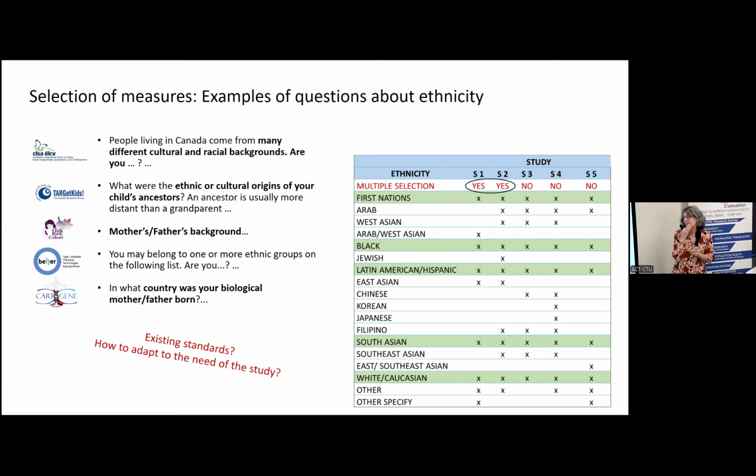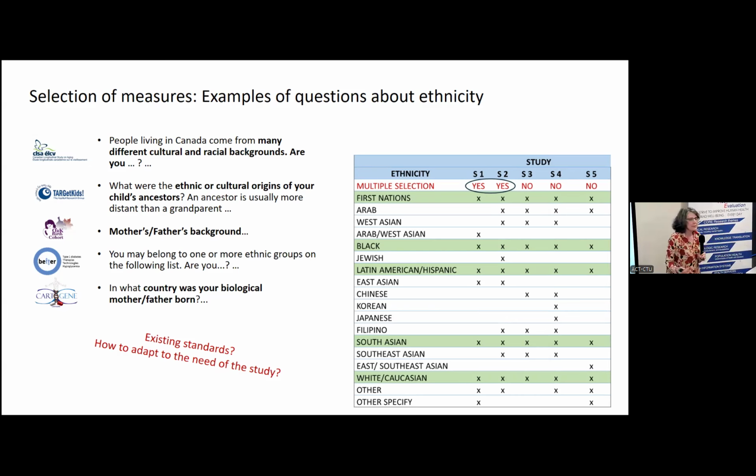So the standards. Here you have an example of ethnicity, which standard to use. And we can take Statistics Canada, which has a really, really good questionnaire on ethnicity. It's 25 pages. So it's the standard. Okay, 25 pages, but you need one question to have an idea of the ethnicity.